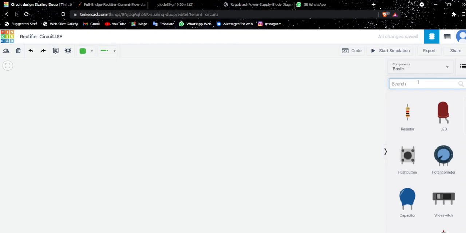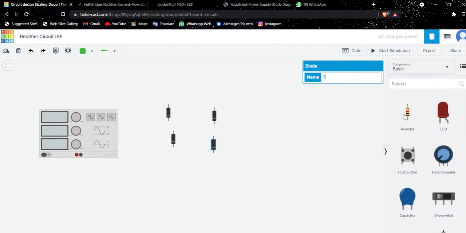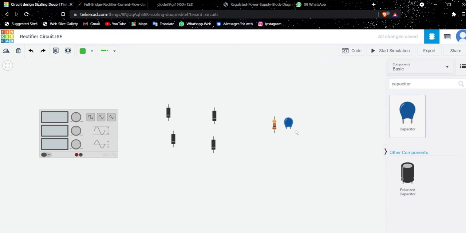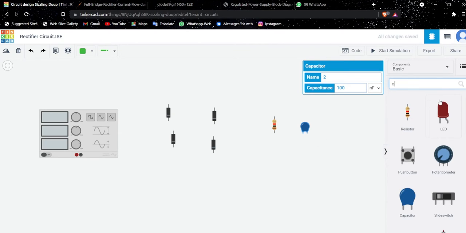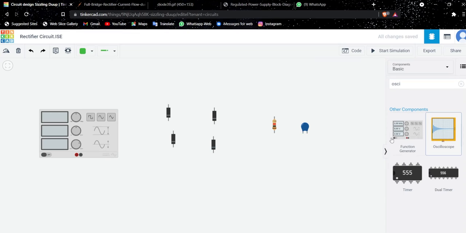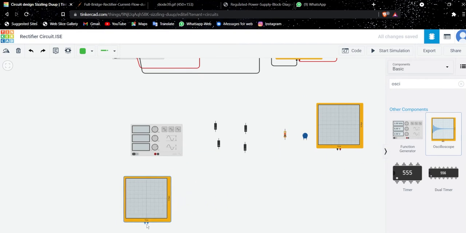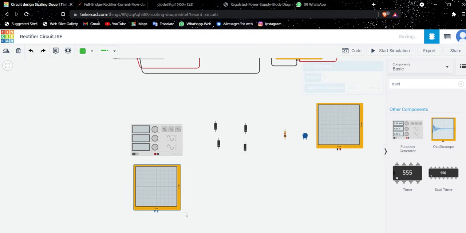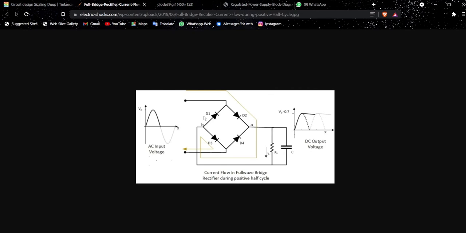So first we take a function generator, one load resistance, one capacitor, and again two oscilloscopes. Here is one, and here. So the circuit for the full bridge rectifier will be like this.